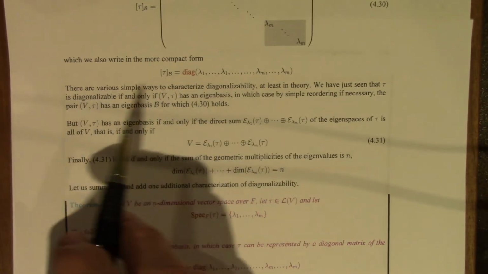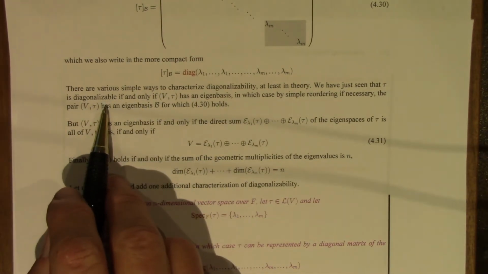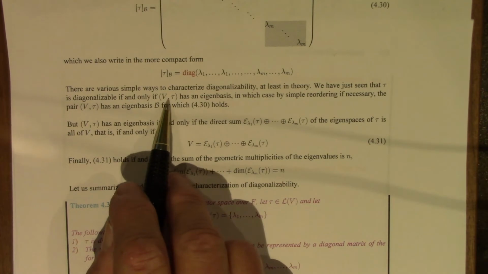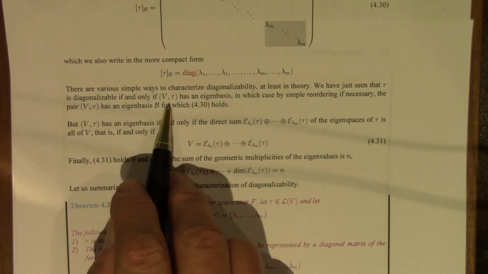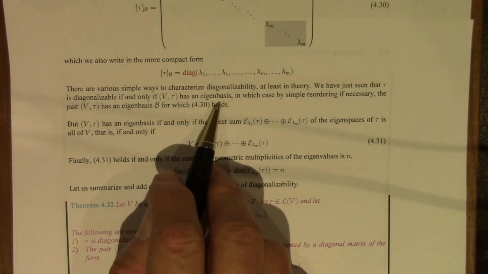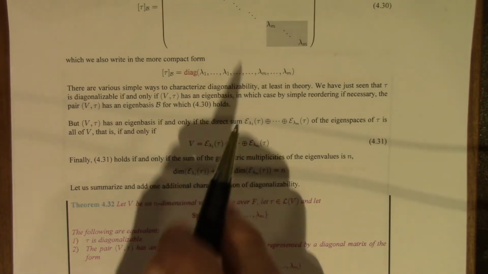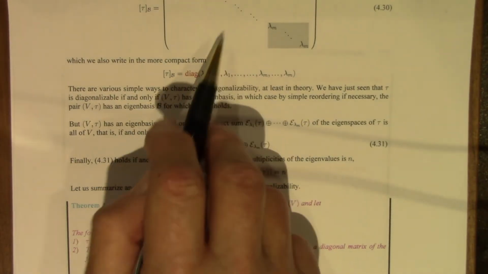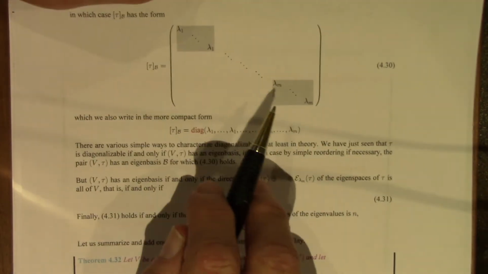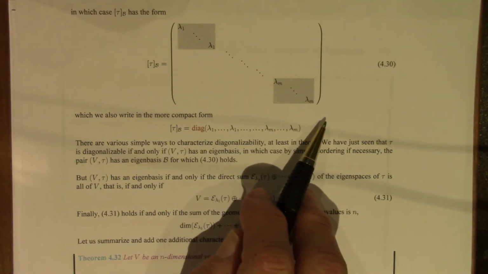We've just seen that an operator tau is diagonalizable if and only if the pair V, tau has an eigenbasis. And again, by reordering that eigenbasis, we can get this type of matrix representation.